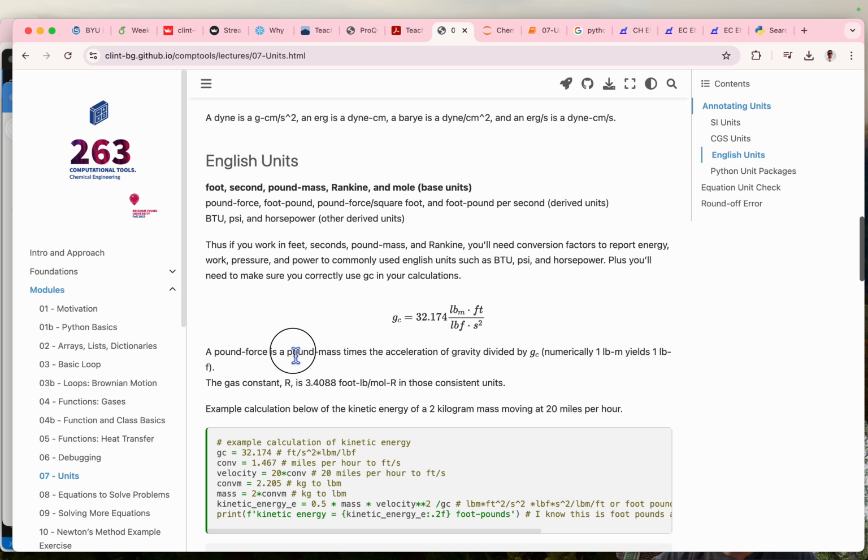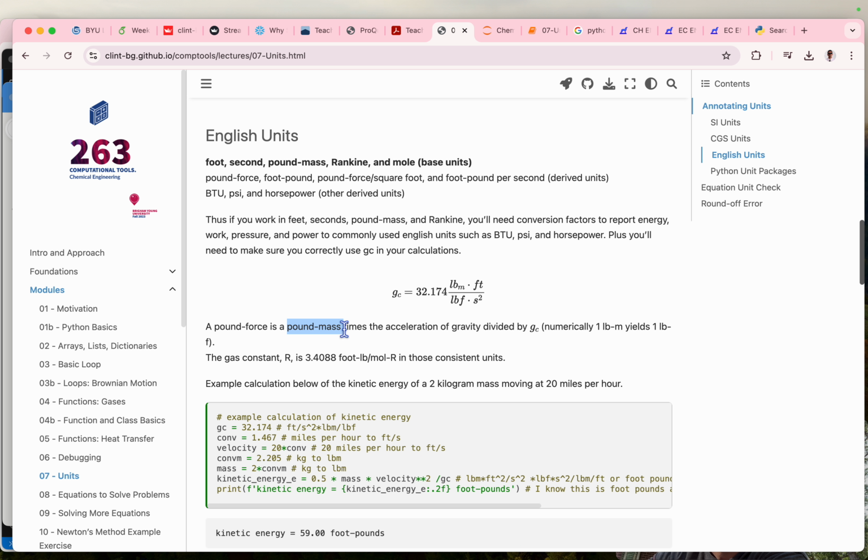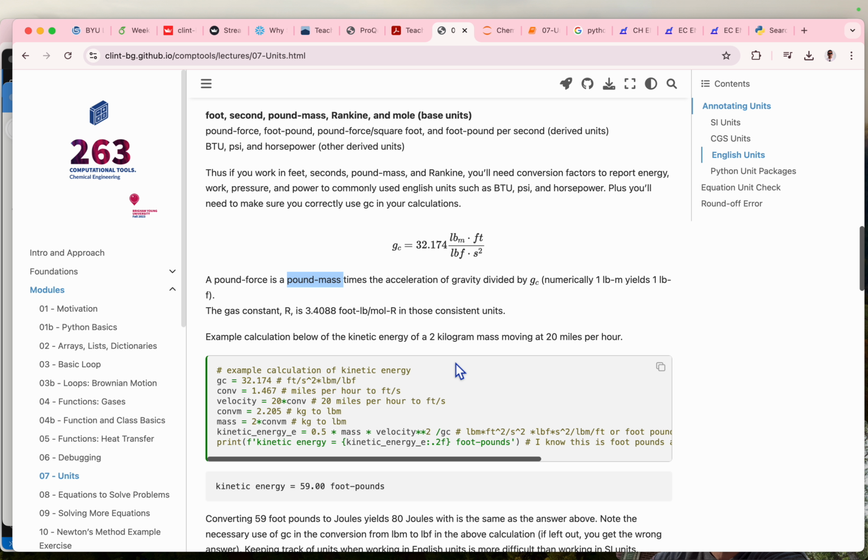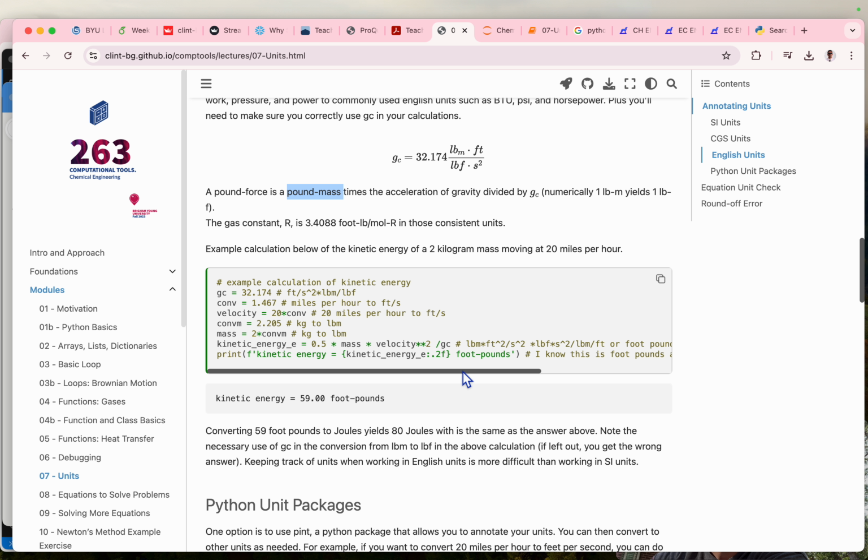Well, for example, 1 pound mass times the gravitational constant of 32 feet per second squared would give you 32 pound mass feet per second squared. And in order to get it to pound force, you have to divide by gc. Sometimes that can be hidden in some equations, so you just have to be careful with using English units.